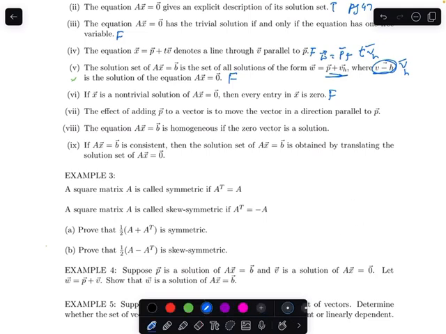I think it will be more clear like this. So this is my v, and let's say this is the p. When we add v to p, what do we get? We get a vector in the middle if we complete the parallelogram.